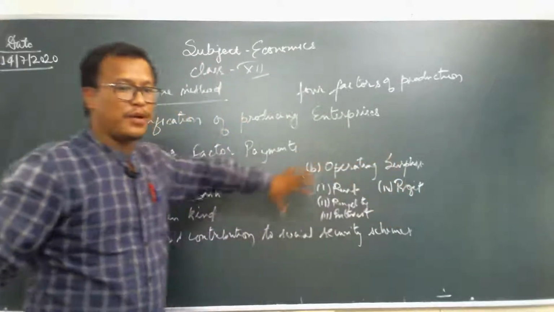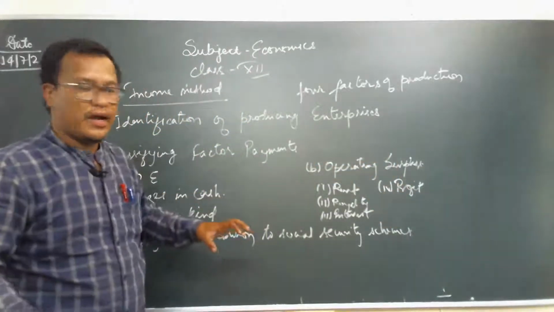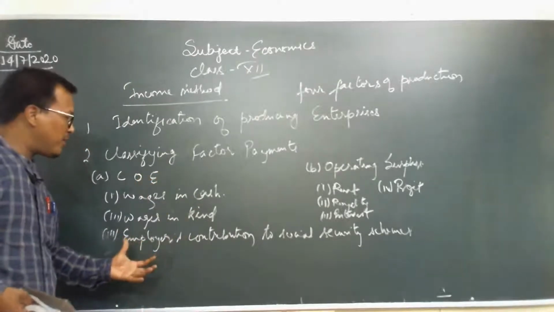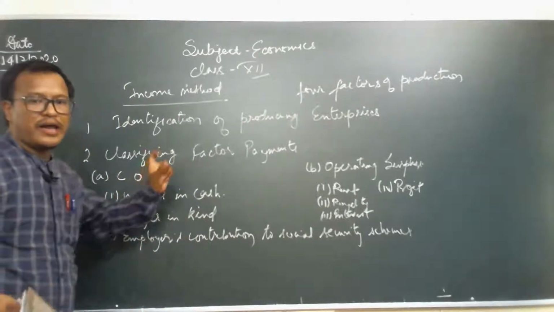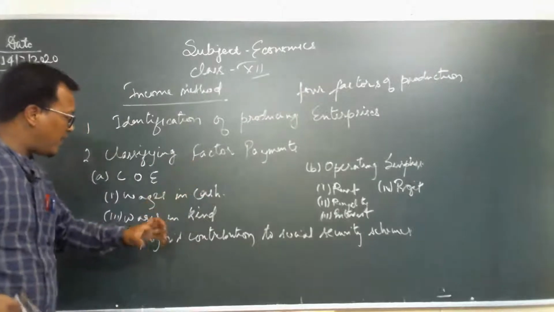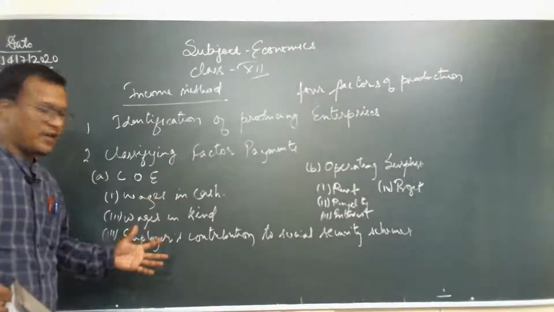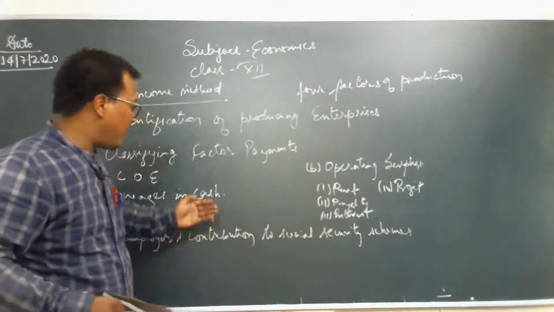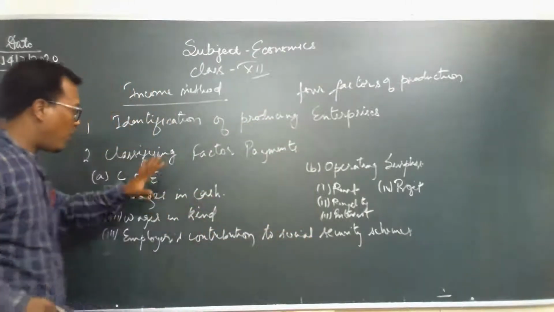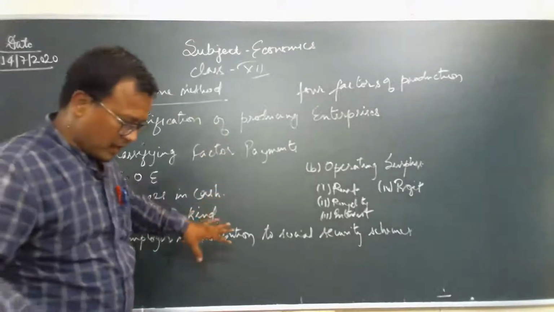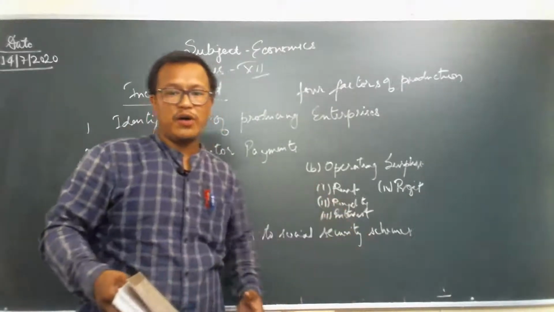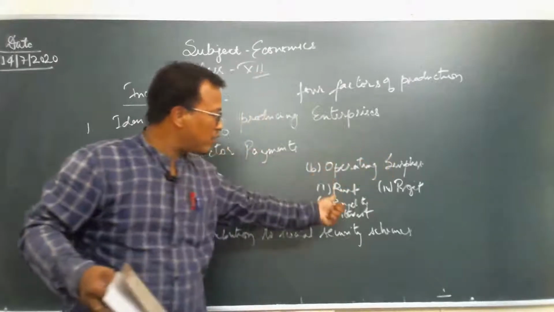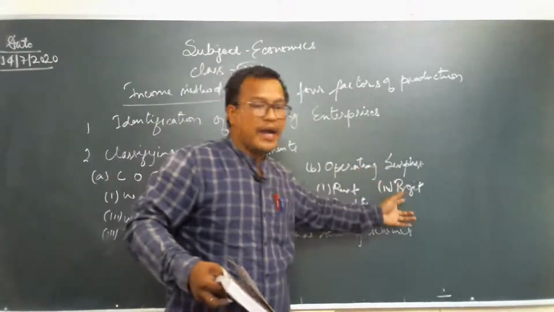We also have to remember what is included in compensation of employee, because sometimes compensation of employee is not given, but instead wages in cash will be given, or employer's contribution to social schemes may be given. So we have to see that all these factors have been considered in the calculation of national income. So we have to remember that operating surplus will include rent, royalty, interest, and profit.